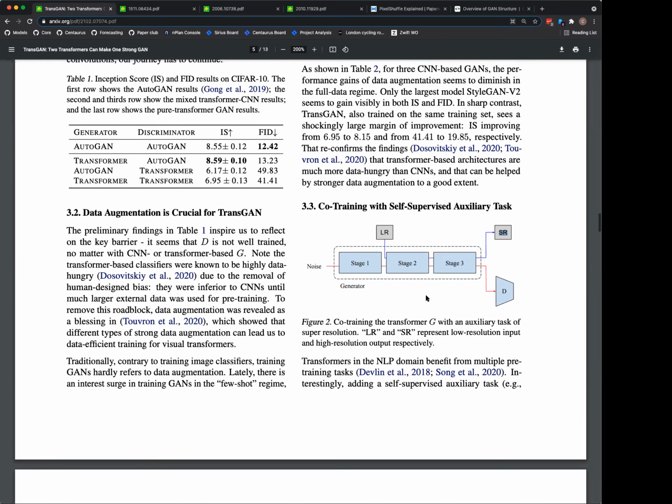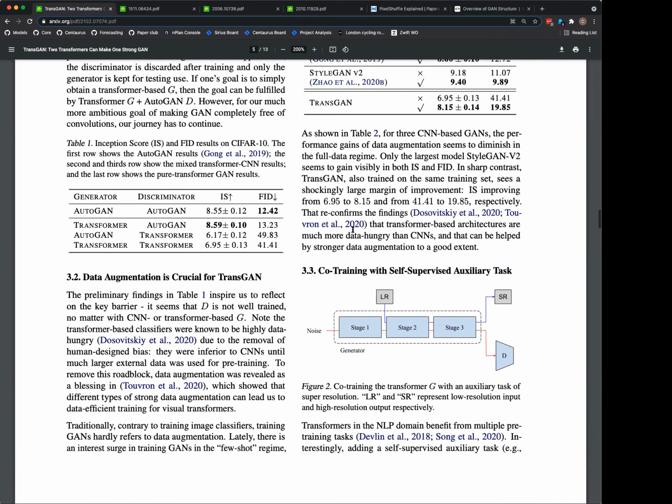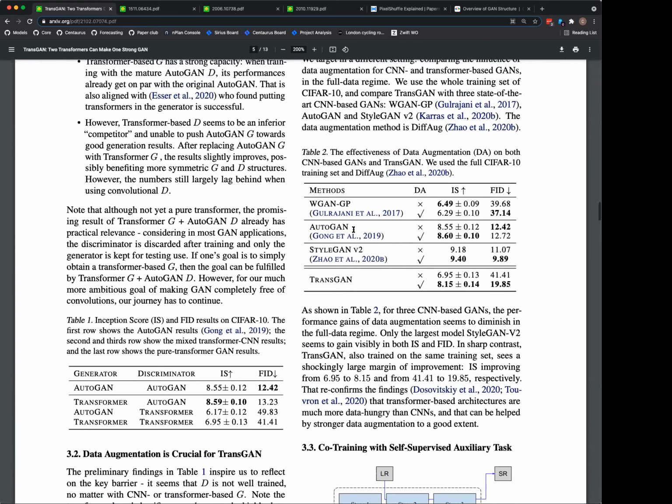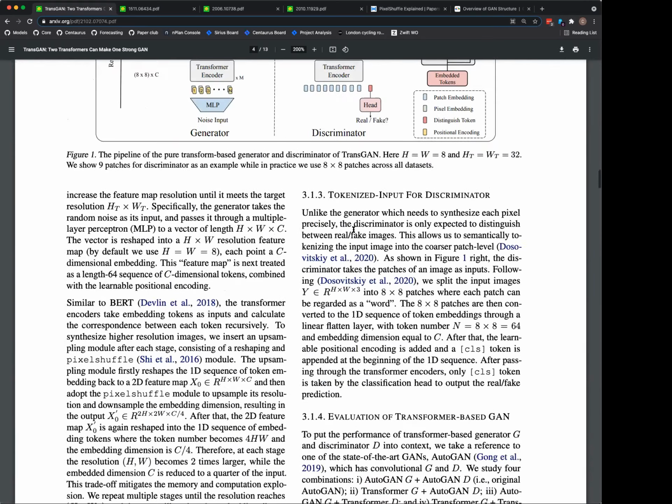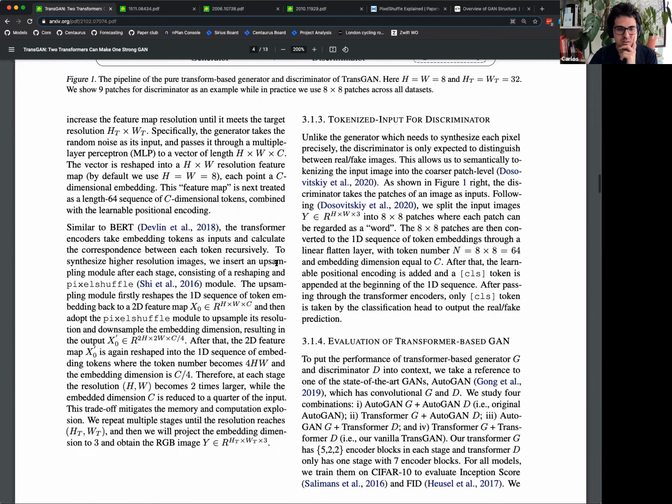Yeah, so does this mean that the stage one in that image is trying to generate a low resolution image, and then the other two are concerned with refining the image in addition? Yeah, so that's the idea here, right? So the idea of the architecture is that you start with a low resolution noise and then build the high resolution image.